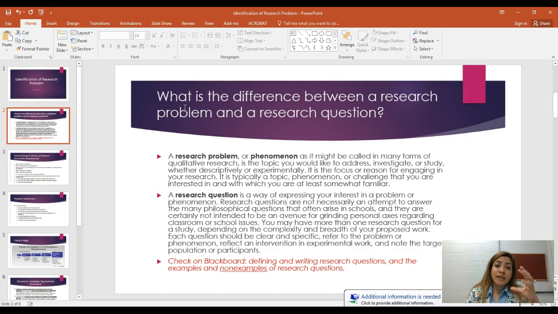Whereas the idea is, the problem is just finding out what it is that you want to research. And then the research question comes in to complement this problem by breaking it down into questions. You can have one question that targets the problem right away, or you can have two questions with a subcategory question that focuses specifically on one part of your problem.